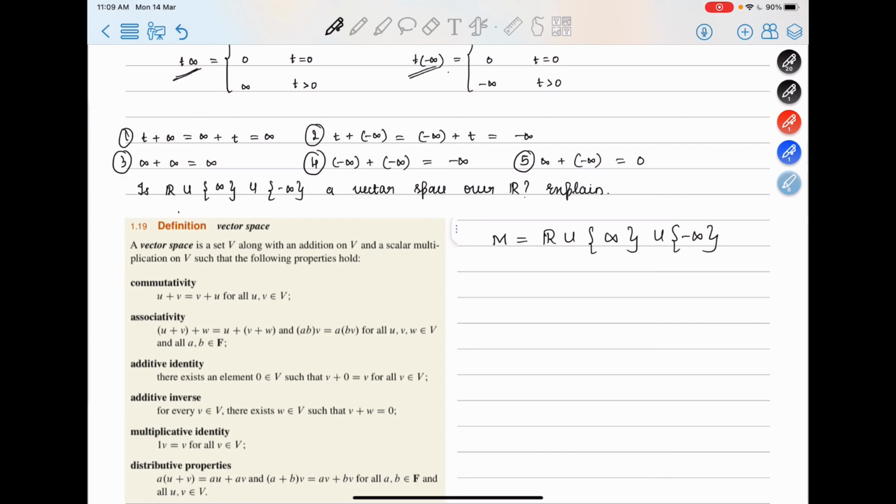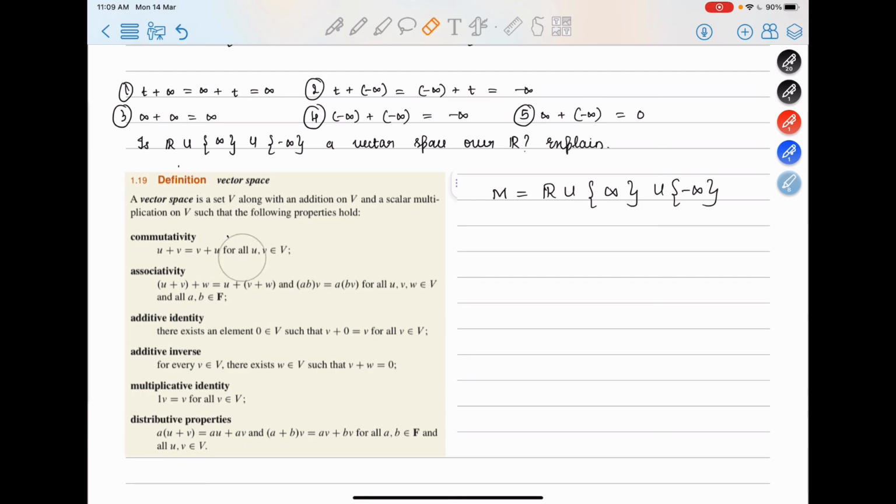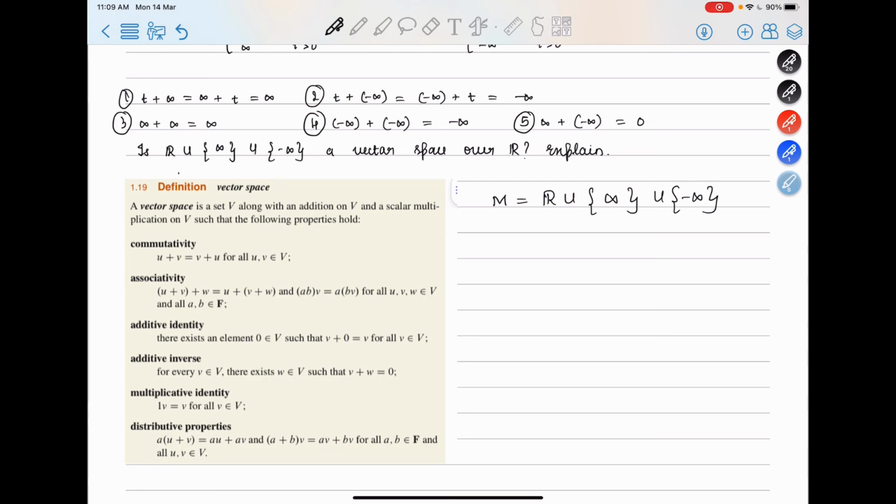I know already that any scalar, say t, will satisfy commutativity, associativity, and it will have an additive identity. So I don't really have a problem with the scalars. The problem may or may not arise only when I take a combination of a scalar and a vector.